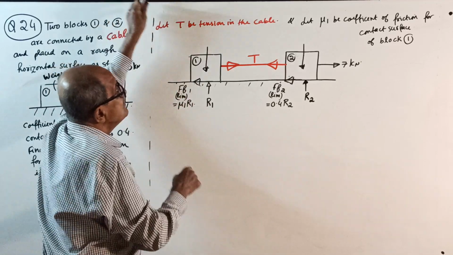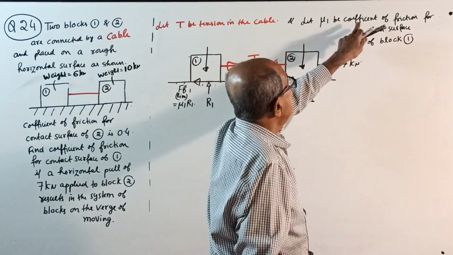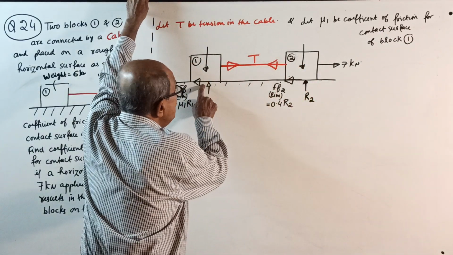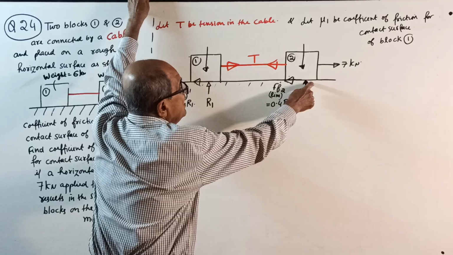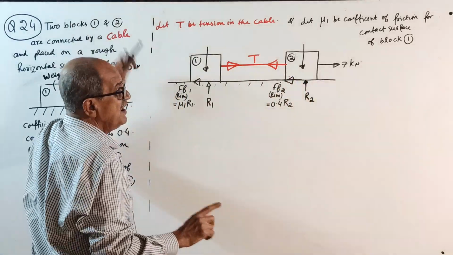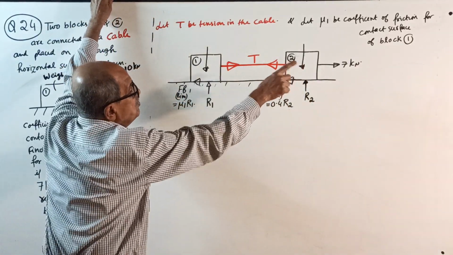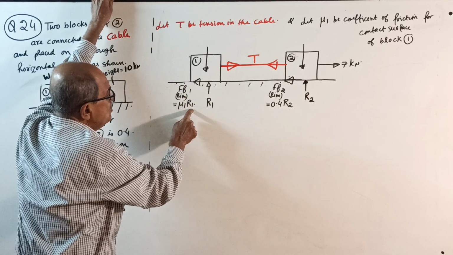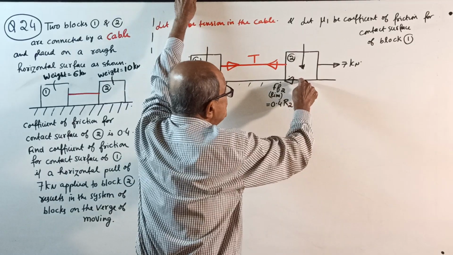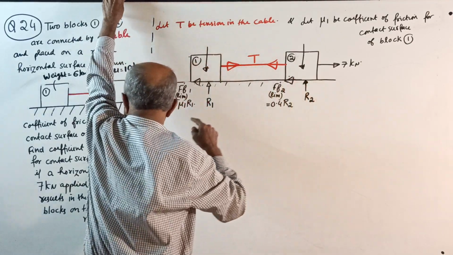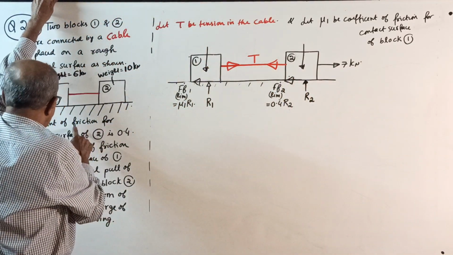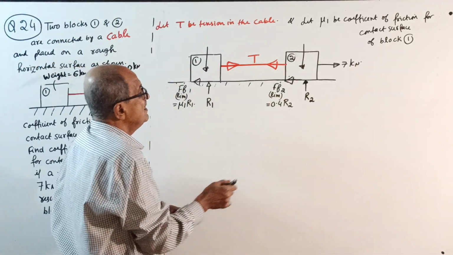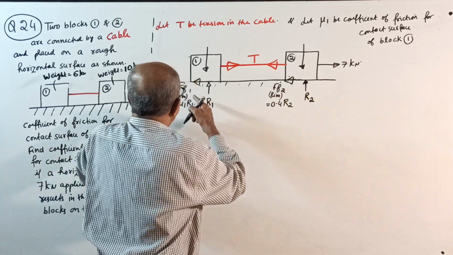Let mu1 be the coefficient of friction for the contact surface of block 1. Here it is already given as 0.4. Since you took mu1 here, this frictional force is mu1 into R1. And for this contact surface, they told the coefficient of friction is 0.4; that is mu2. You can write here, this is mu2, and here it is mu1.